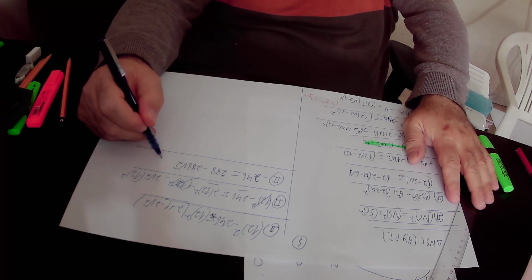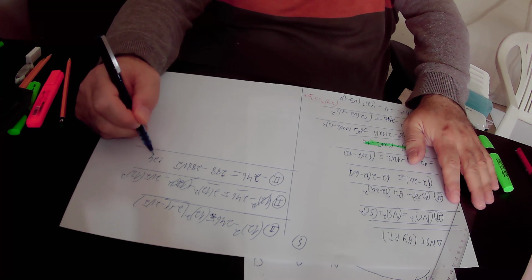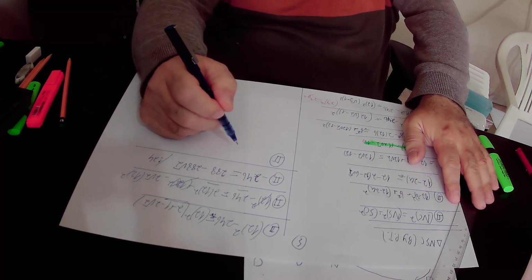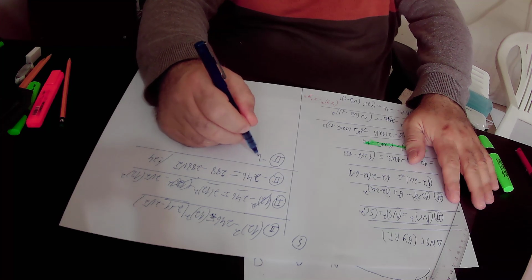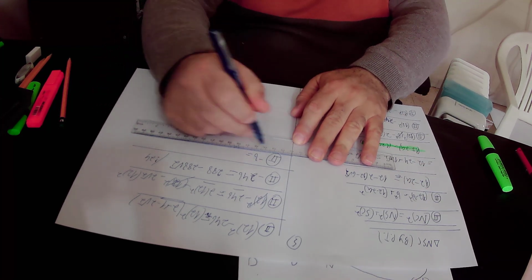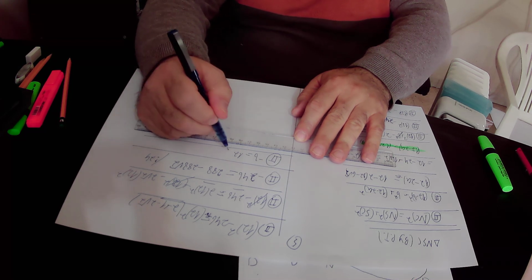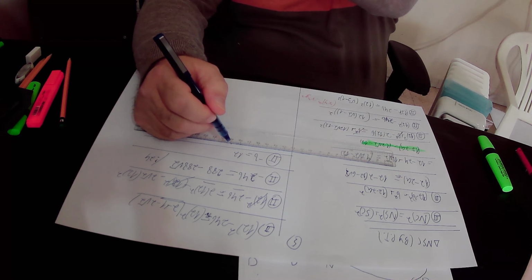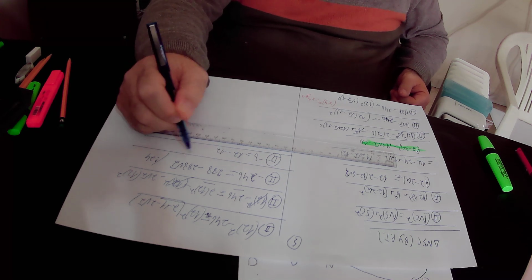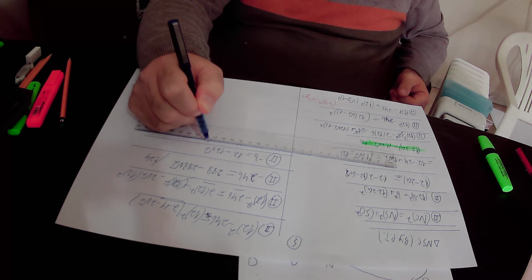Here we divide equation number 2 by 24, and we get that according to equation number 2, minus 24b over 24 is minus b. That equals 288 over 24, which is 12, minus 288 over 24, which is minus 12, and minus 12 times square root of 2.